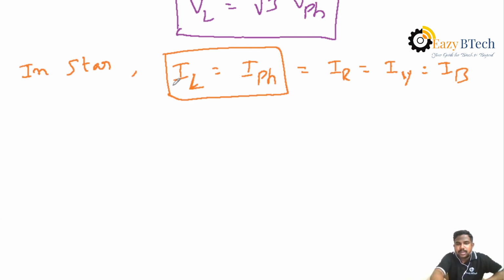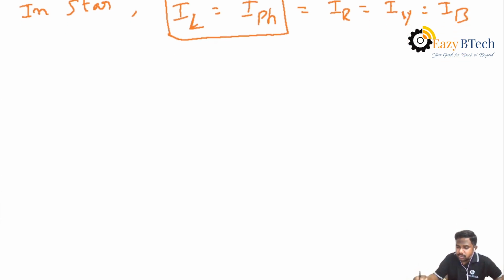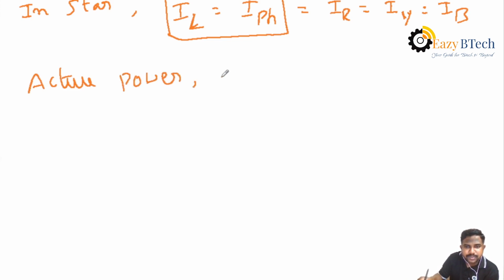Similarly, we know the voltage values and the current values. Then what are the relations in power? We know the types of power. The first one is active power, that is P. We know the relation is V I cos phi.